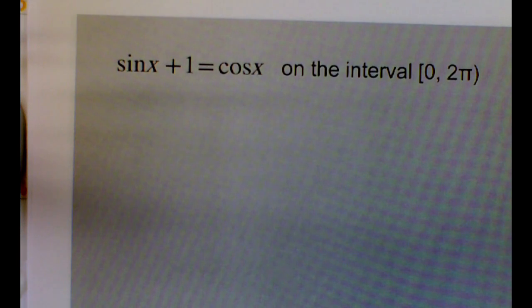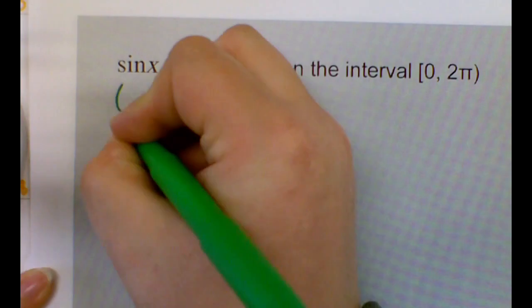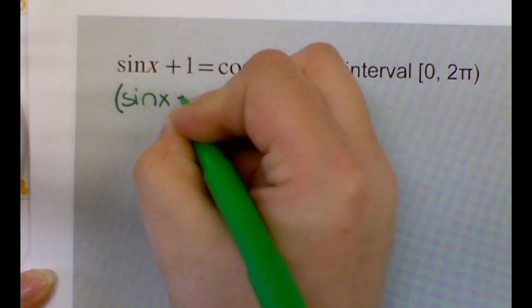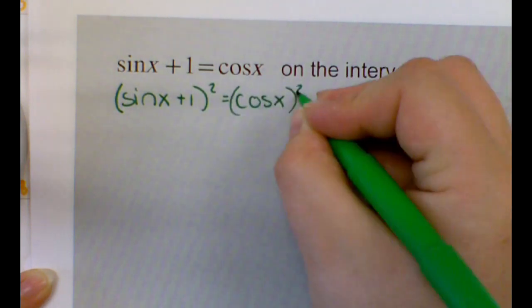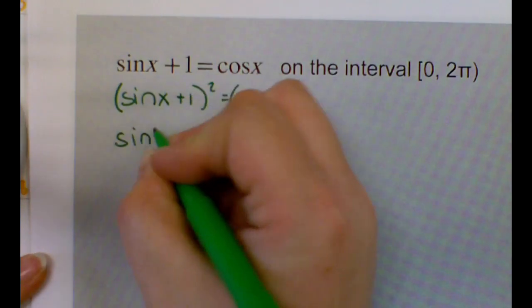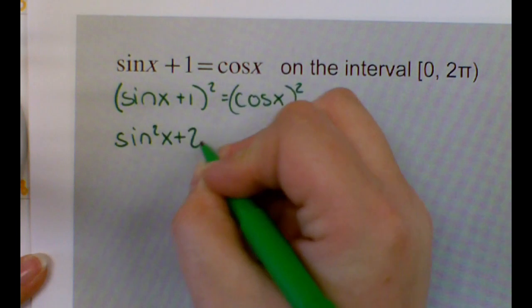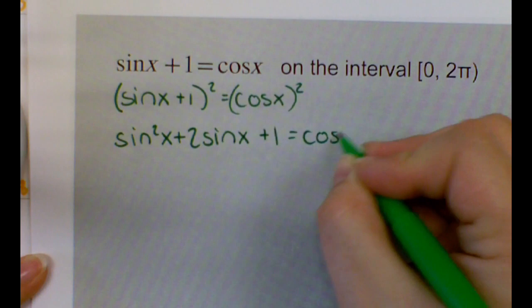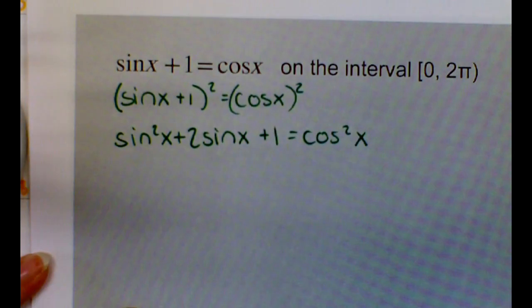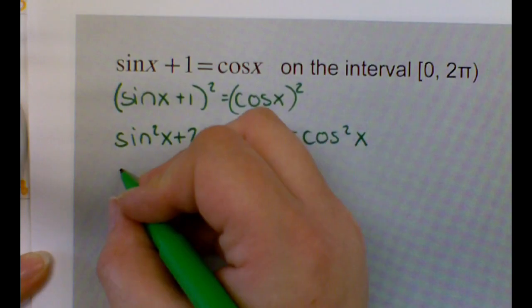We're going to square both sides again. All right, I get sine squared of x plus 2 sine of x plus 1 equals cosine squared of x. I'm going to substitute cosine squared with 1 minus sine squared.